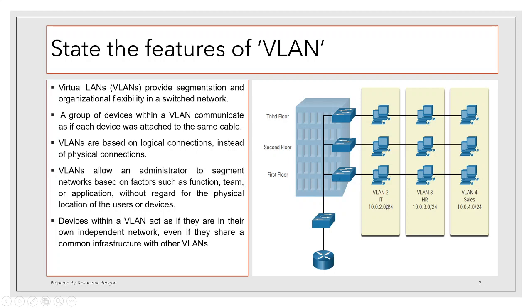But in VLAN, several VLANs can get access. All VLAN 10 will get access on the different floors, all the VLAN 30 will get access to each other. Now, if I have VLAN 10, we have VLAN 20, we have VLAN 30. All VLAN 10 will speak to VLAN 10.